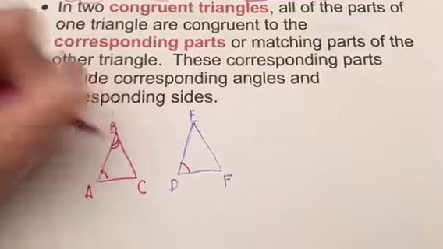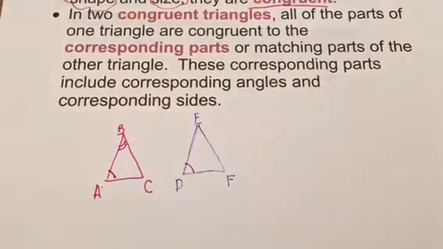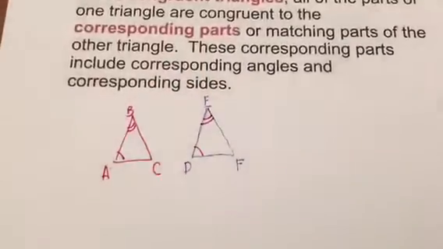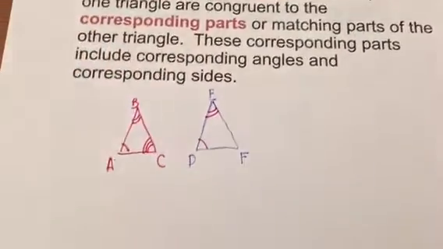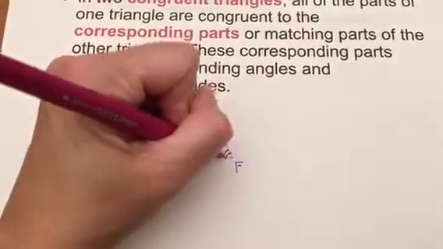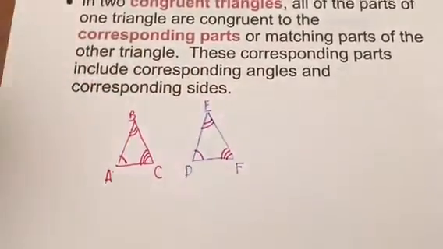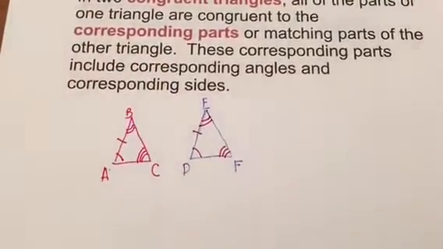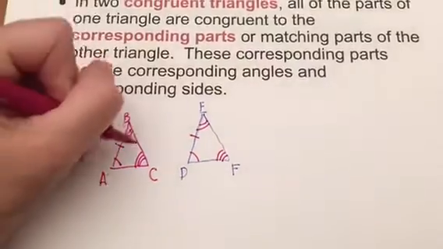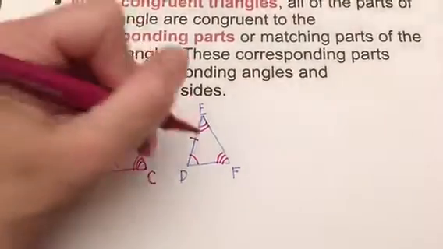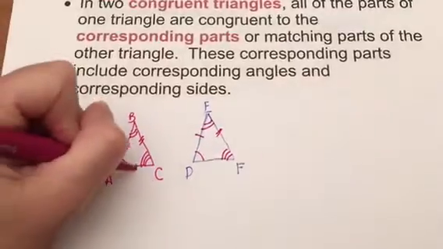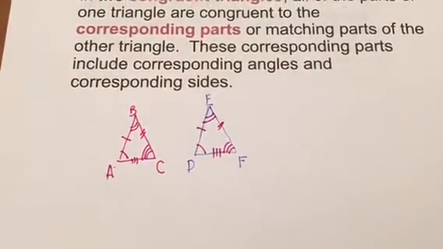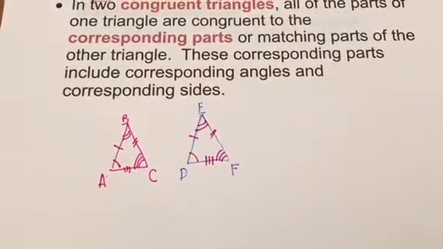So if I know that angle A is congruent to angle D, and angle B is congruent to angle E, and angle C is congruent to angle F, if the 2 triangles are congruent, then side AB must be congruent to side DE, side BC must be congruent to side EF, and side AC is congruent to side DF. And then I know I have congruent triangles.